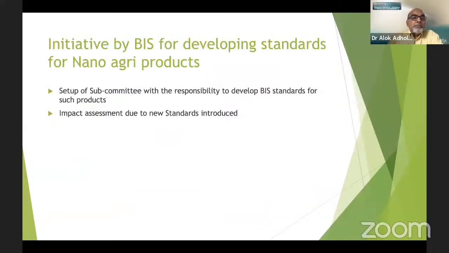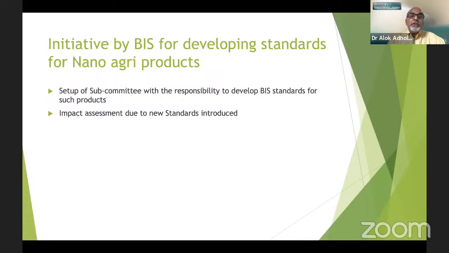In India, we have the Bureau of Indian Standards, which is the leading organization and the only organization which creates Indian standards. And they are now also involved in developing national standards in the nano agri products. And I am chairing that committee with Professor Subramanian and other members on board.